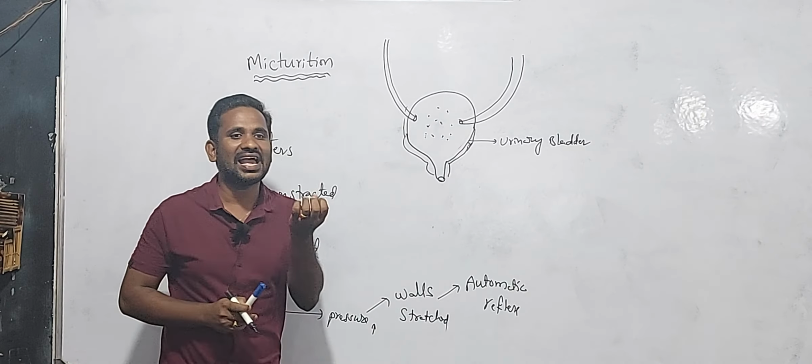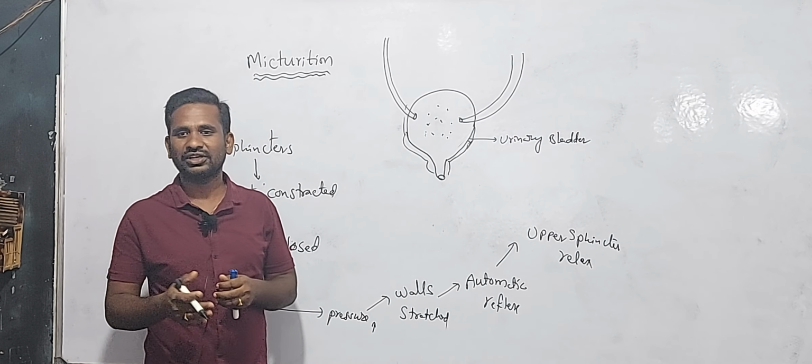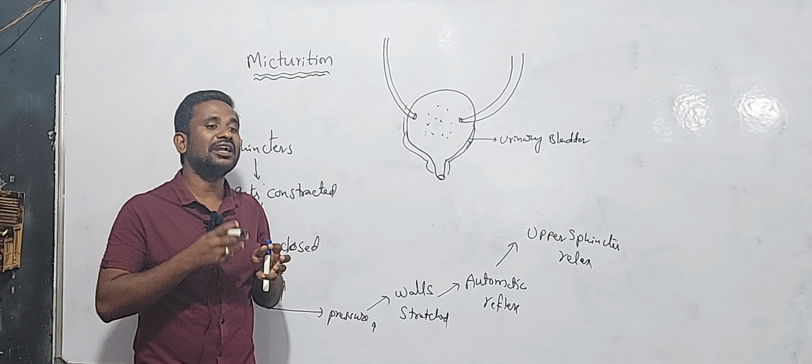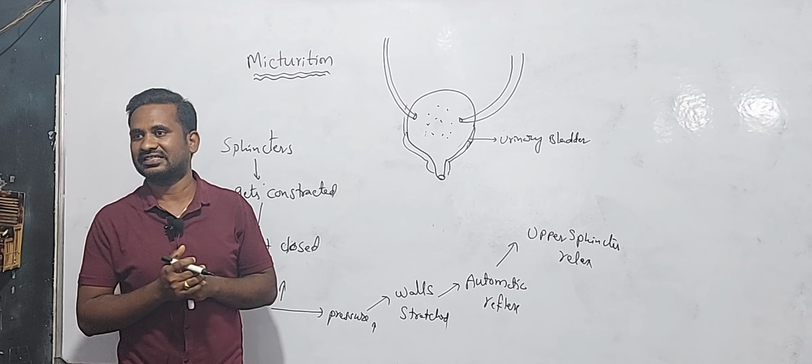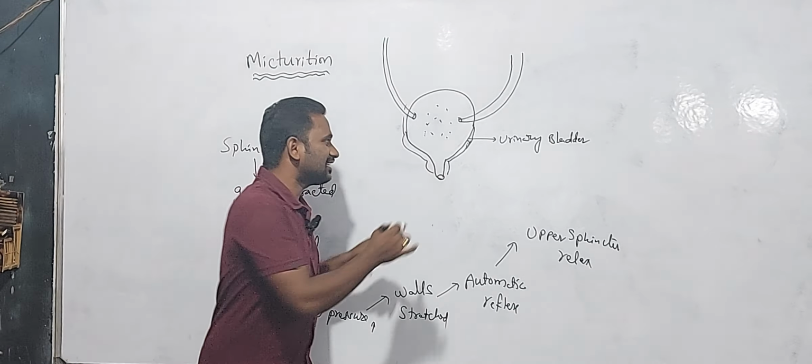Why? Because it is under control of our brain. If infants or small children are there, they can release urine. Why? Because that is involuntary. But in adults we can observe it is voluntary. It is a voluntary reflex. So the activity of the lower sphincter is under control of our brain.